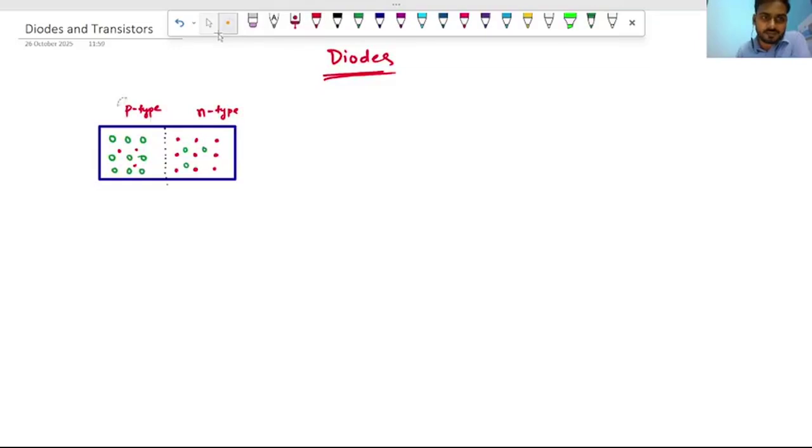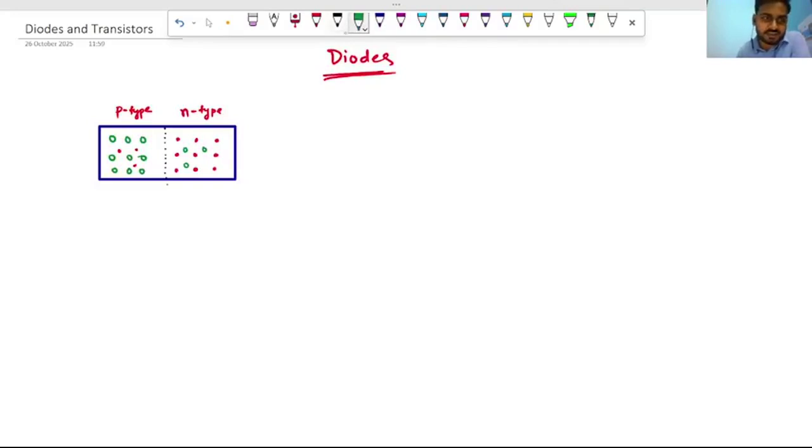This is actually a PN junction diode. There is a junction between the P type and N type, so this is known as a PN junction diode.